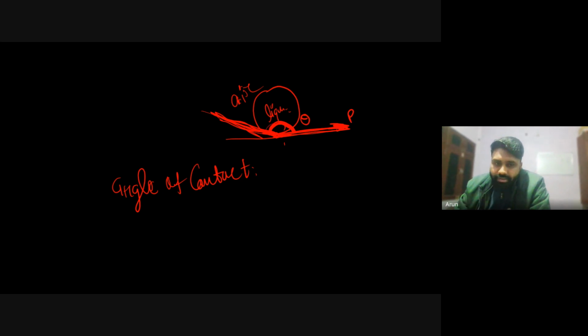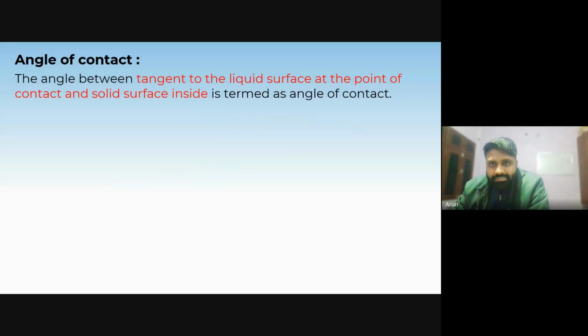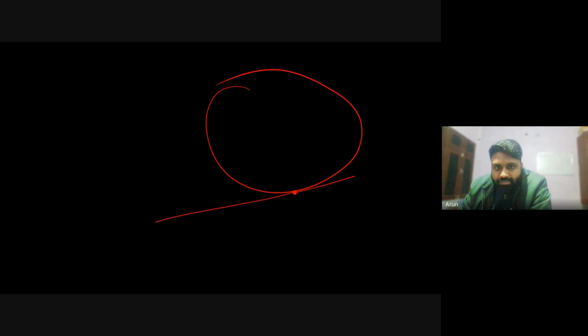Now we will understand it here. The angle between the tangent to the liquid surface at the point of contact and the solid surface inside is termed the angle of contact. Same thing I have told you. This is the sphere, and let's say this is the point of contact here. The point of contact is not completely relaxing on the surface.